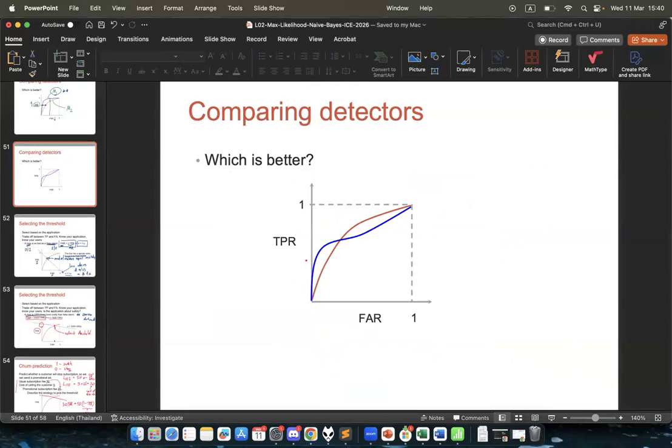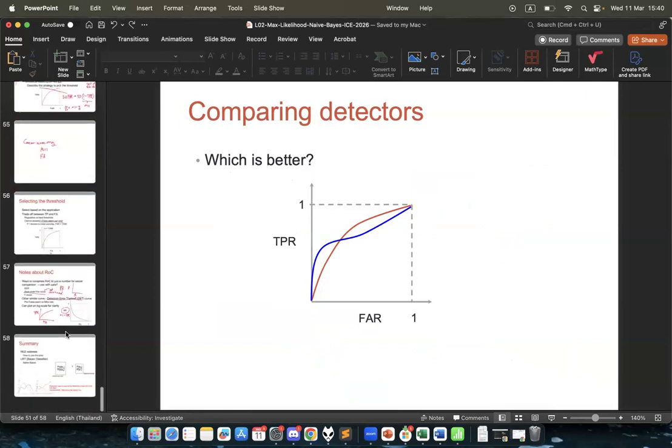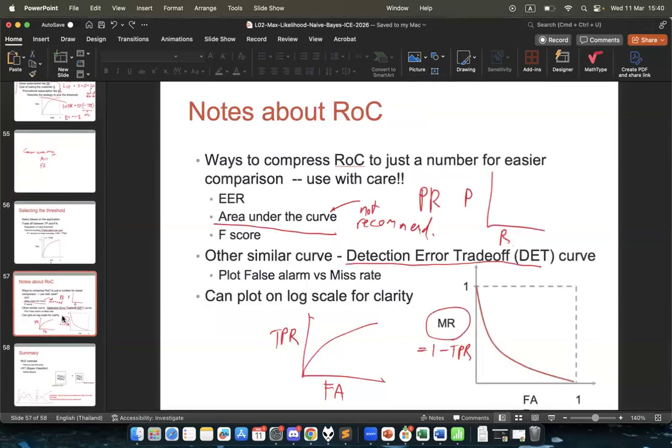Oh, I'm using the model in this zone or in this zone, right? If you compute the entire area, it can be quite misleading. So I usually don't recommend it, but in academic papers with no clear application in mind, you will see this metric used, but it's not good practice.